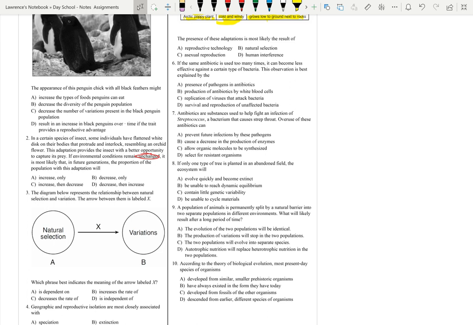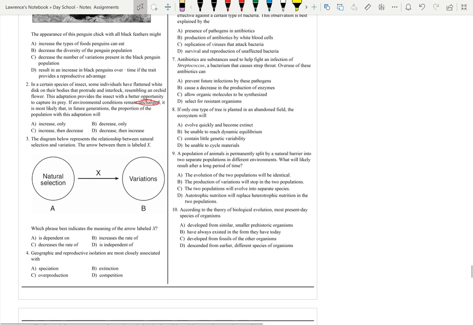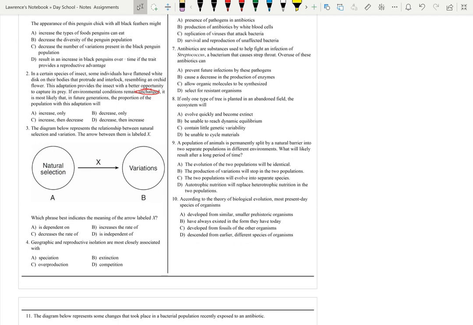A certain variation of bacteria doesn't die. They're resistant. They start to grow and they make more babies that are resistant. They survive and reproduce. Yep, that sounds good. D.